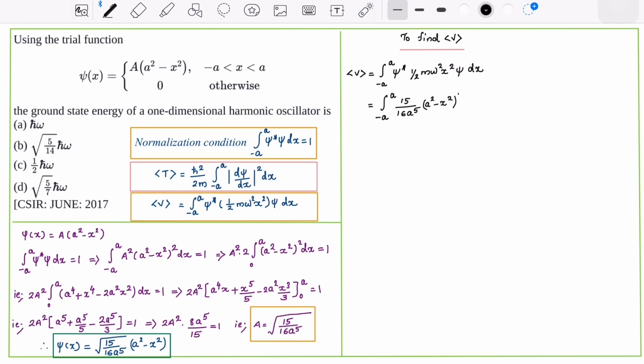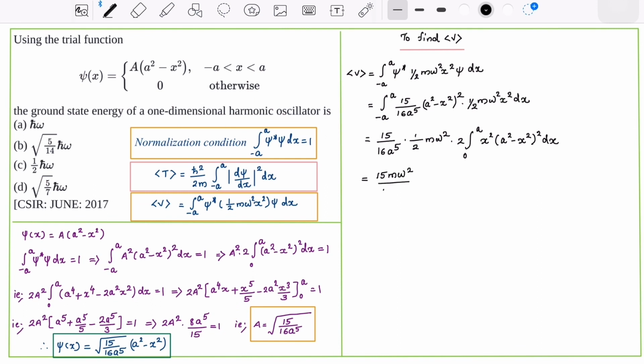Therefore, the expectation value of potential energy is the integral from −a to a of 15 by 16a⁵ (a² − x²)² times half m omega squared x squared dx. This is equal to 15 by 16a⁵ times half m omega squared times 2 times the integral from 0 to a of x² (a² − x²)² dx.